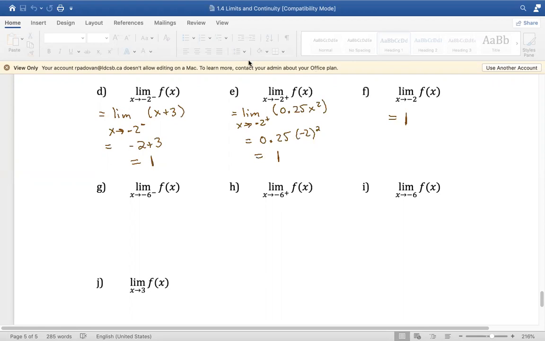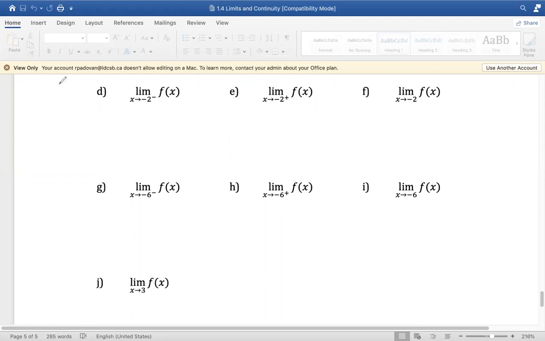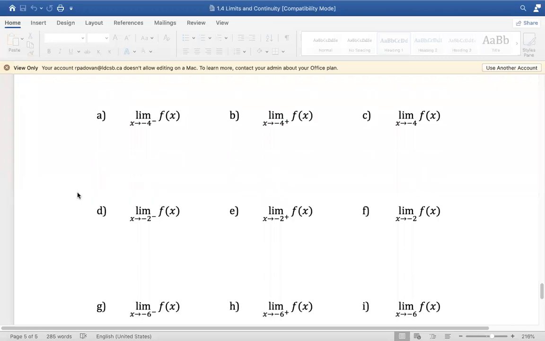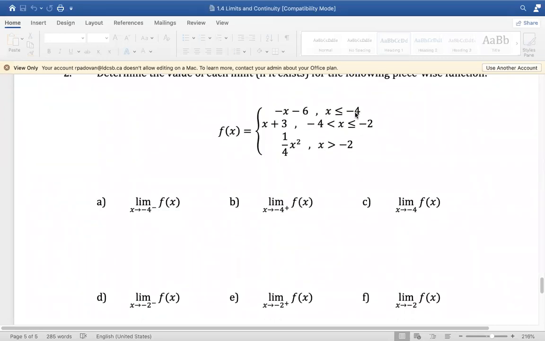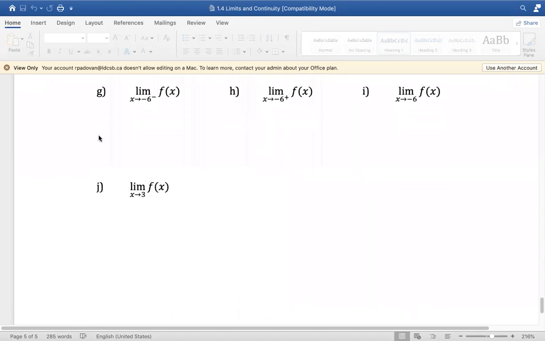Just to go back up first and take a look at where negative 6 falls in my three different equations. Negative 6 is less than negative 4, so I'm using negative x minus 6 for both. So the limit as x approaches negative 6 from the left-hand side is using the equation negative x minus 6. And then I plug in my x value, which is negative 6.